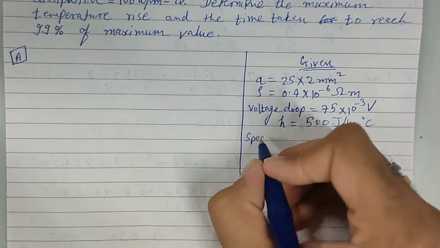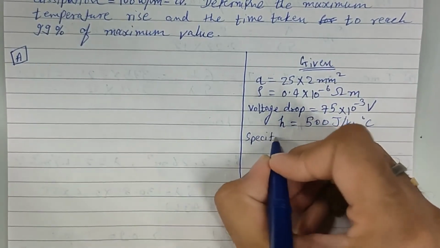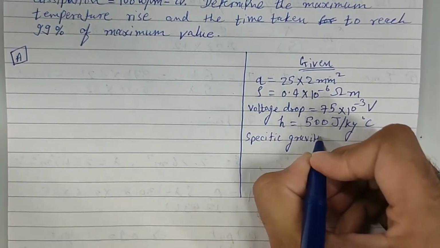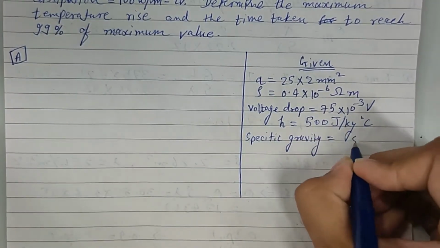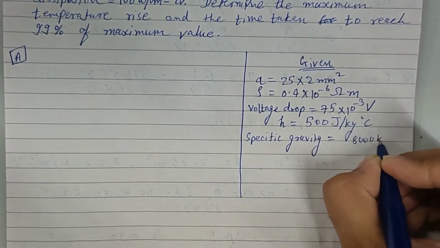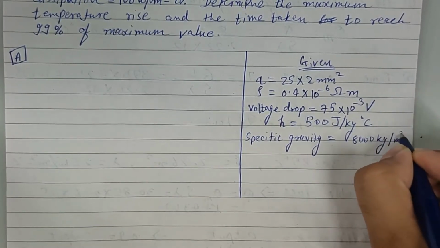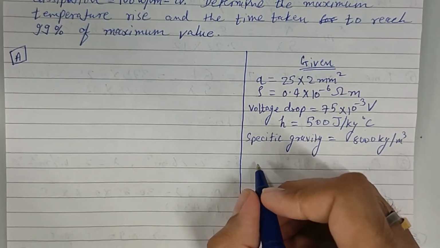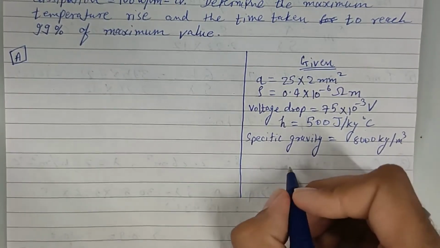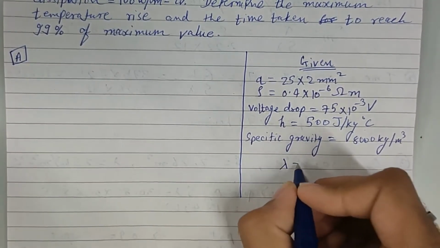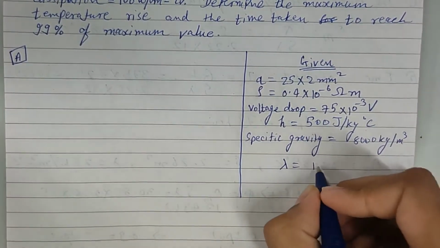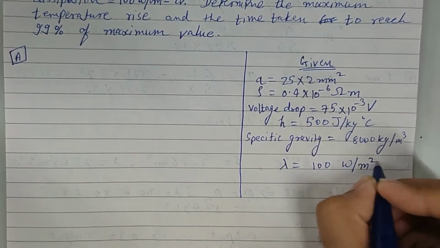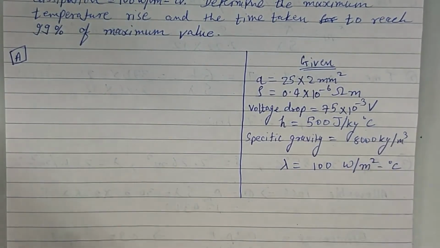So since they have used the word specific gravity, we will go with specific gravity. So specific gravity is 8000 kg per meter cube. And finally the last given data is the rate of heat dissipation, which is nothing but your lambda, and that is equal to 100 watt per meter square degree centigrade.